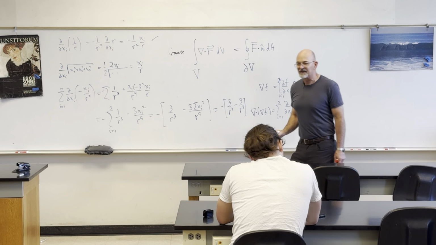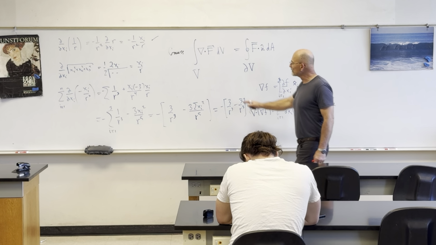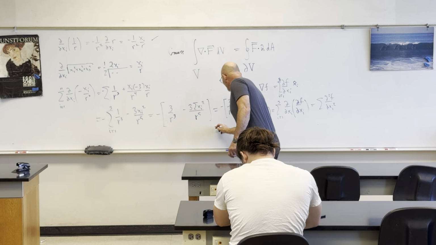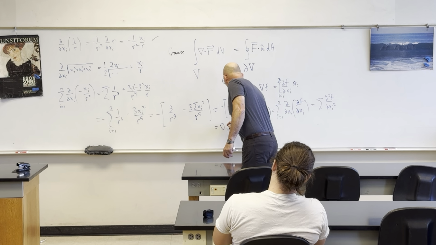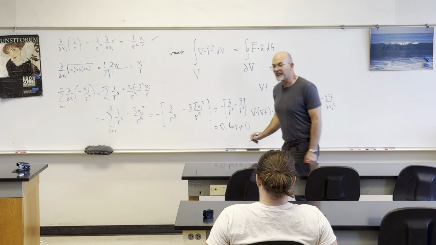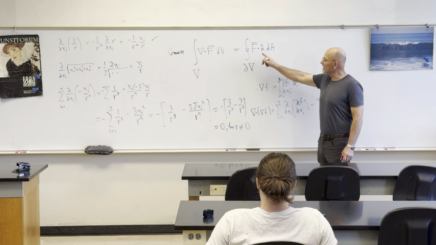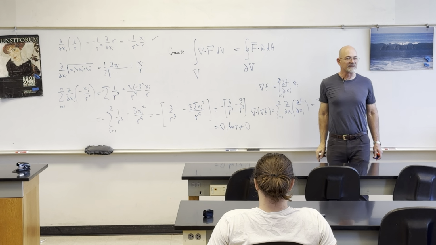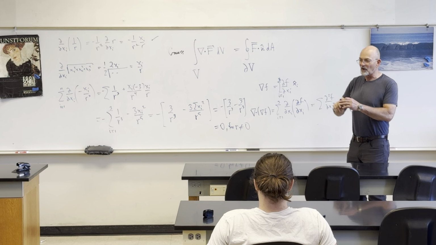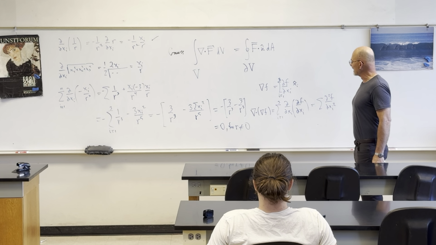Looks like we ran into something similar to what we did before. So this div grad here is equal to 0 for r not equal to 0. And we're going to have a very analogous thing. This leads us naturally to a delta function without having to artificially define the delta function. This is naturally right into one.